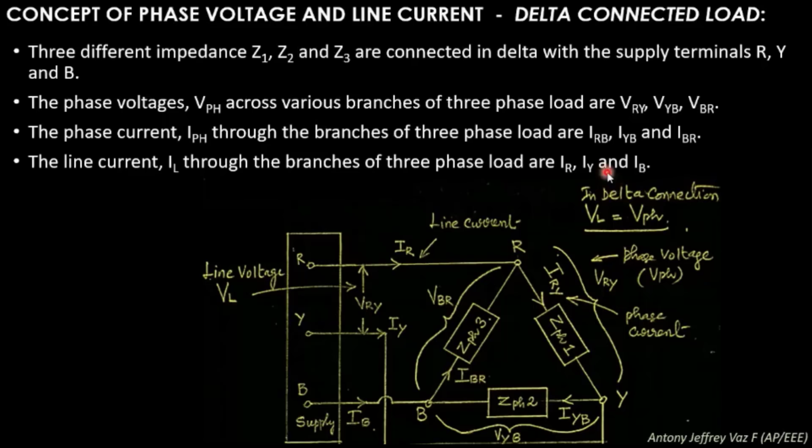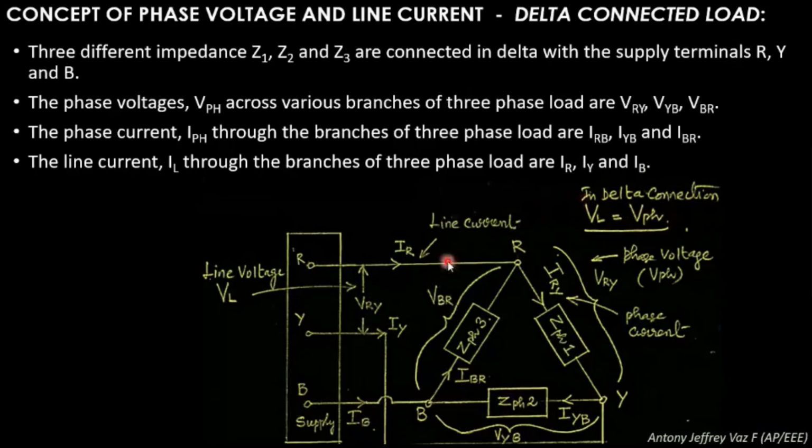So the difference between the star connected and the delta connected is this. In the star connected load, the line current will be equivalent to the phase current, whereas in the delta connected load the line voltage will be equivalent to the phase voltage, and the line current and the phase current are different. If you see the phase currents, you will get IRY, IYB, and IBR, whereas in the line currents you will get IR, IY, and IB.